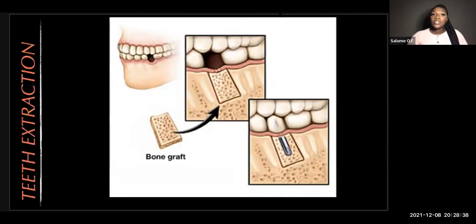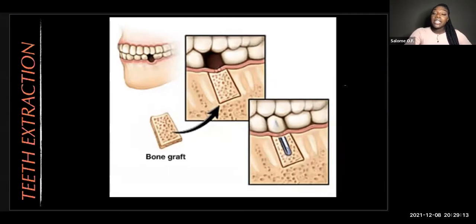So if you're ever getting a tooth extracted, always ask the dentist, will I get a bone graft? And see what they will say. Some dentists may not offer that option, but if you can, make sure you get an oral surgeon or a periodontist to do the extraction. I'm biased, so I say go to a periodontist, because the way we take care of the structure surrounding your tooth, the gum tissue, we make sure that there's no trauma being done when we're doing extractions.